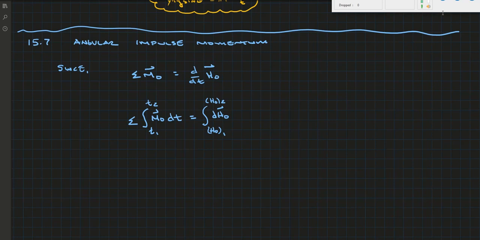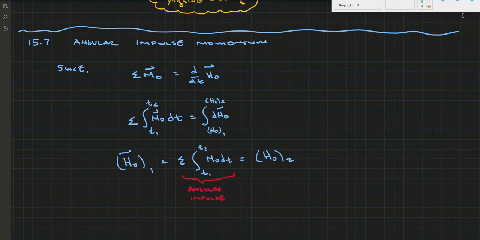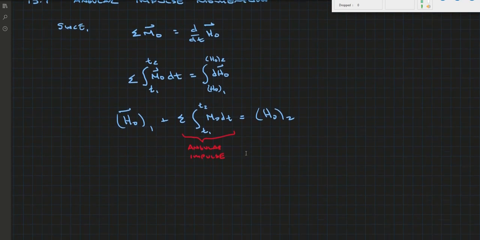This leaves us with the relationship H01 plus the summation of the integral from T1 to T2 of M0 dt equals H02. This then is our angular impulse instead of a regular force impulse, and that is just the area under the moment curve.